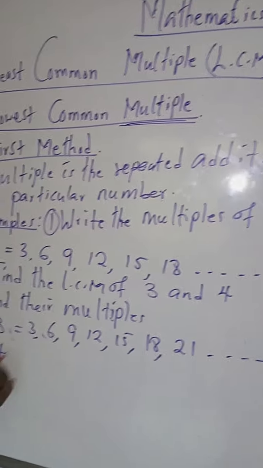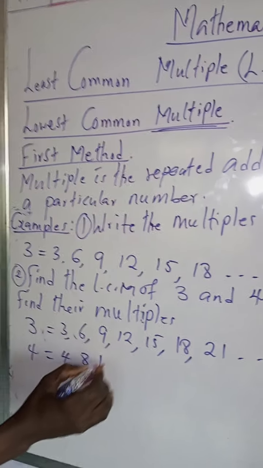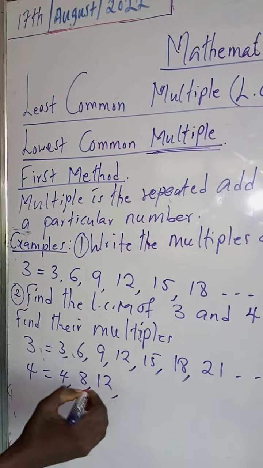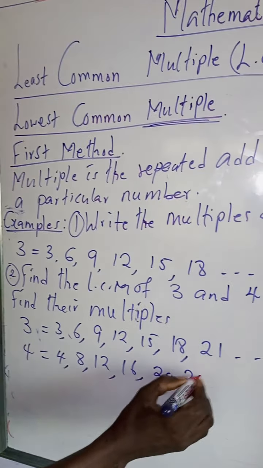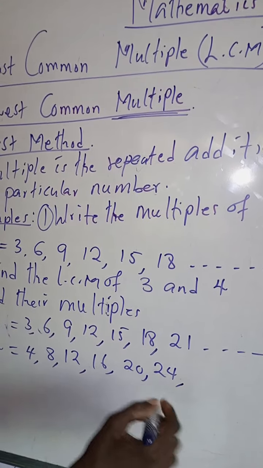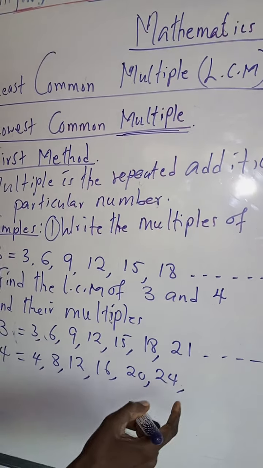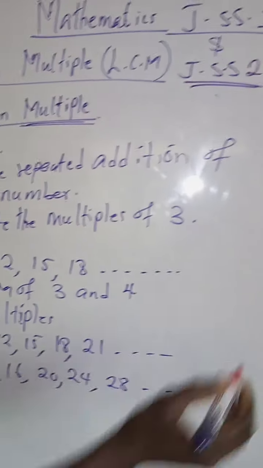Then multiples of 4, we have 4, 8, 12, 16, 20, 24, and I think 28, and like that.